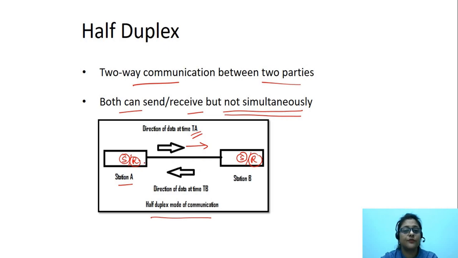During this interval of time, station B only receives data and station A only sends data. At a different interval of time, let's say at time TB, station B can send data in this direction and station A can receive the data in this direction. That is the reason it is known as half duplex mode of communication. Duplex means both-way communication, but it is half duplex because both-way communication cannot take place simultaneously.